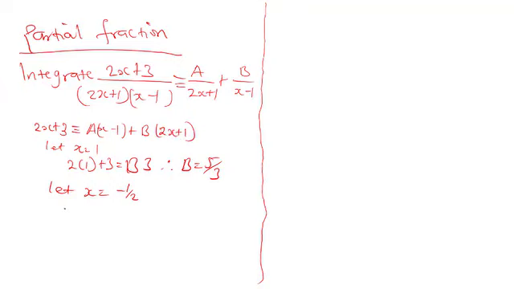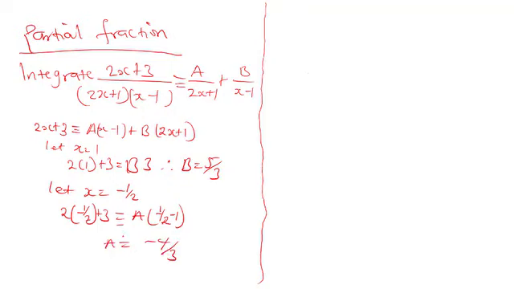So it becomes 2 in bracket minus 1 over 2 plus 3 is equivalent to A in bracket minus 1 over 2 minus 1. So you discover that the value of A is equal to minus 4 over 3.